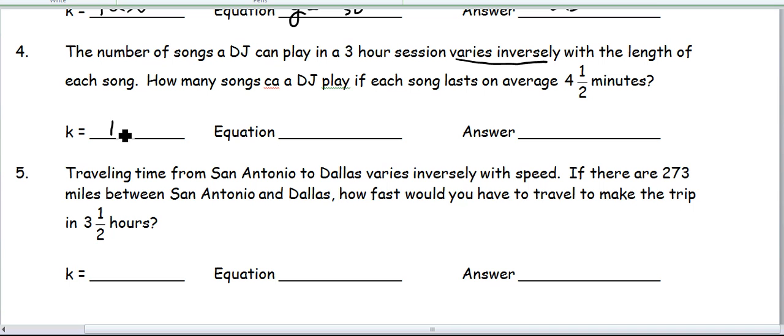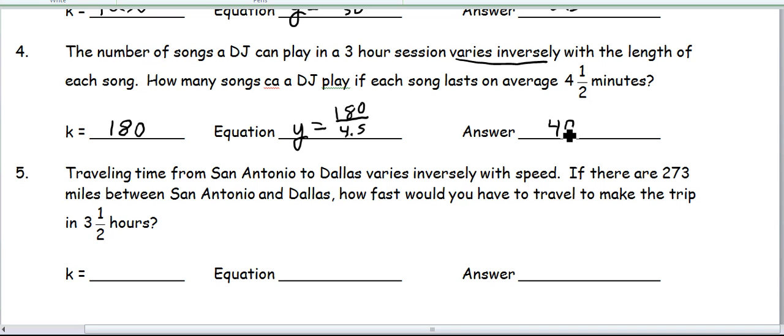So my constant is 180 because that's how many minutes are in 3 hours. So here I'm going to put my y equals 180 over 4.5. So what is 180 divided by 4.5? Go ahead, plug it into your calculator. I'm doing it. And I come up with 40.